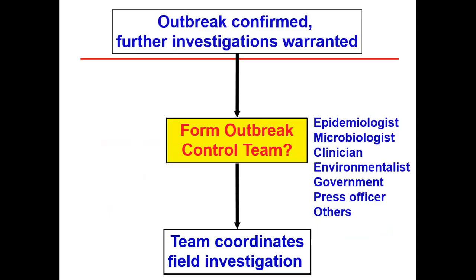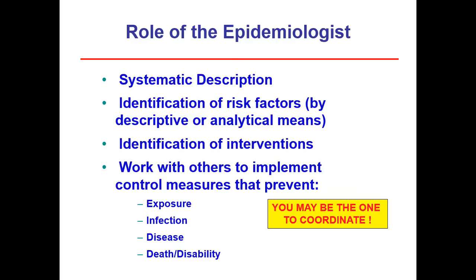So when you're talking about outbreak control team, of course, the epidemiology, I told you this earlier on, that it needs to be a multidisciplinary team. Epidemiologists, microbiologists, clinicians, environmentalists, government, press, media personnel, and so on and so forth. And the team needs to be the one to control or coordinate the field investigation and field activities.